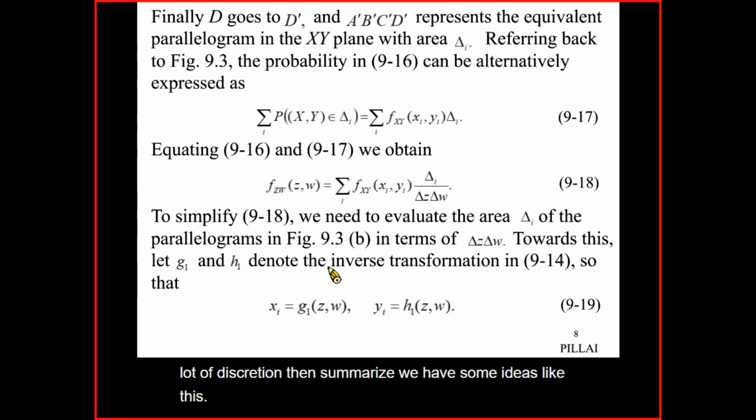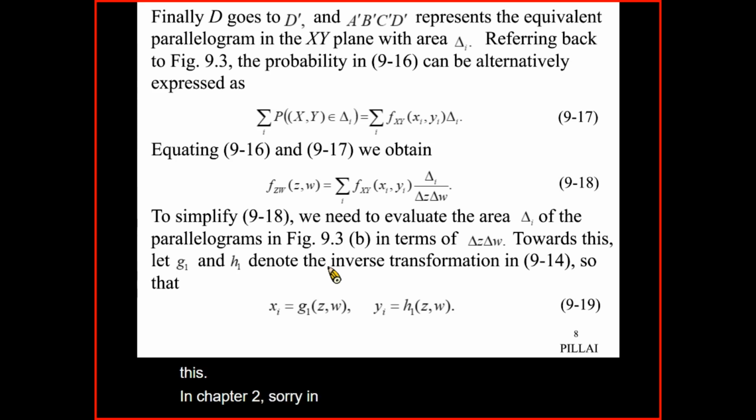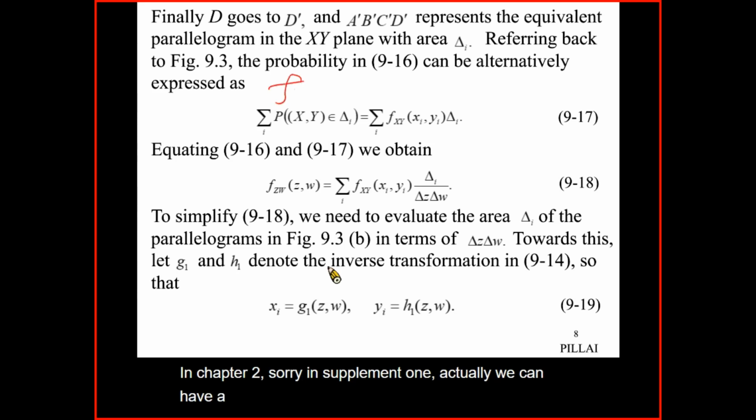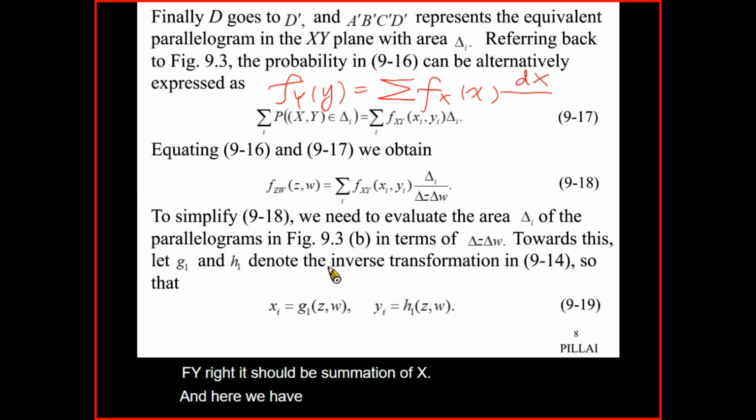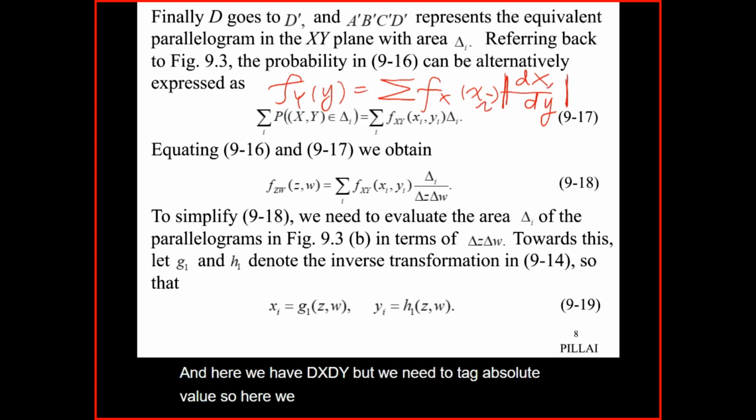In chapter 2, in supplement 1, actually we can have this. Fy, right? It should be a summation over x. And here we have dx dy, but we need to take the absolute value. So here we may have xi and xi.